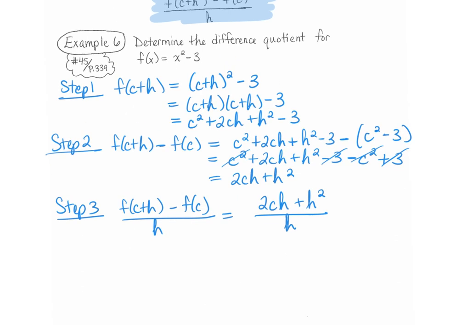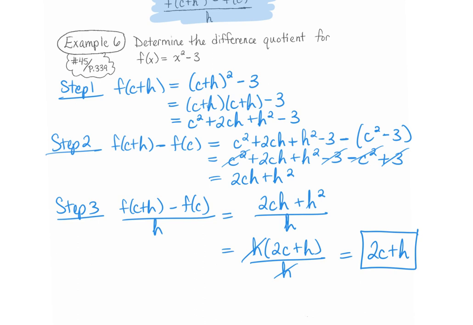H's. So this is equal to h times the quantity 2c plus h all over h. And what happens? Yeah, good. They cancel and leave us with what? You got it. That's the difference quotient. That's it. And that's section 5.2.